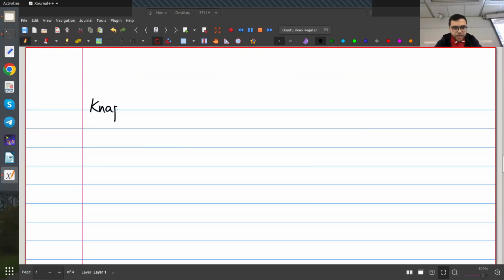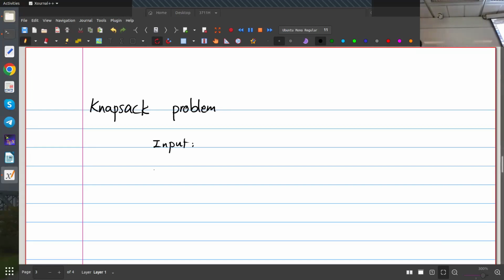And this is called the knapsack problem. It's called the knapsack problem because originally it was formulated like this. There is a thief who's going to a jewelry store and trying to steal some things.